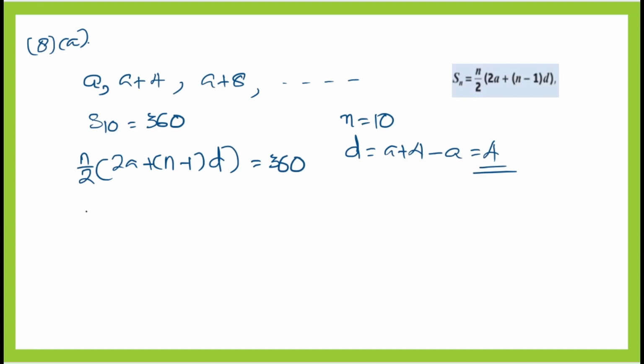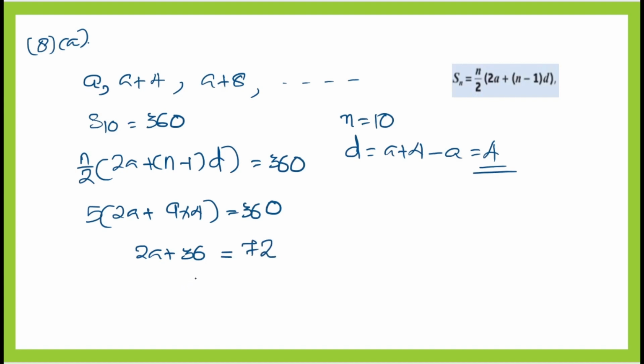Now the equation becomes 5 times (2A plus 9 times 4) is equal to 360. Now 2A plus 36 equals 72. After simplifying, got the value of A as 18.